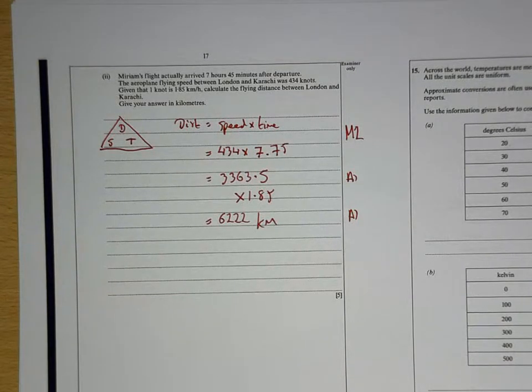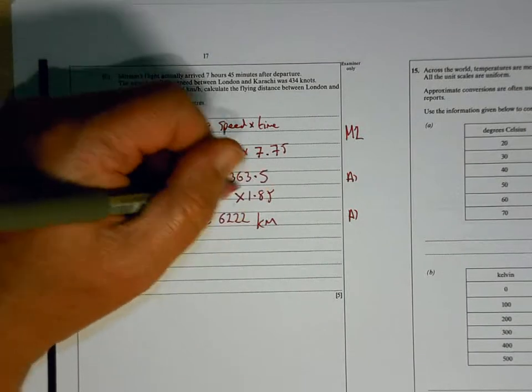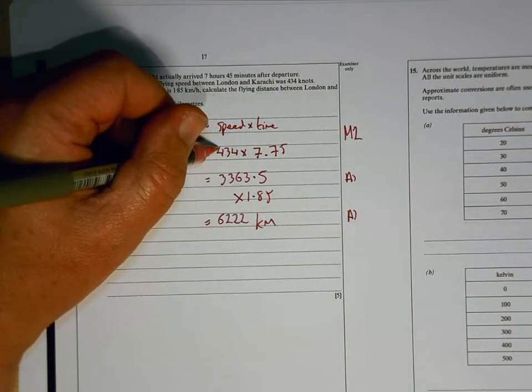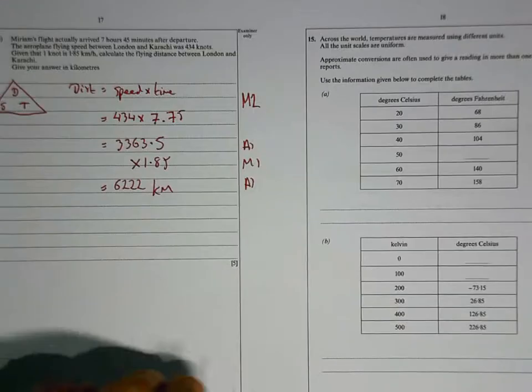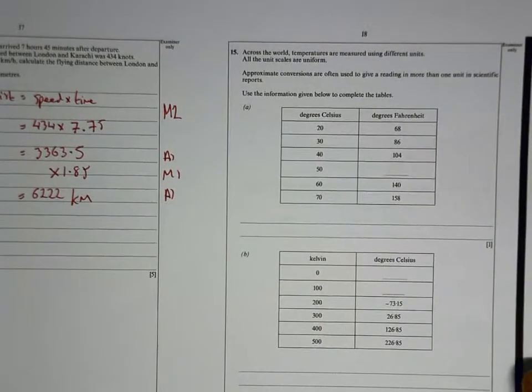That adds up to 4, and there are 5 marks. I've missed one out, hang on. There's 1 mark for multiplying the conversion, changing knots into kilometers. So there's the 5. Nasty question again.